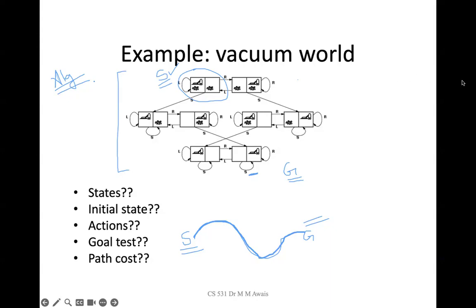Okay, so let me ask you a question. Can you determine, using this state space which is given here, any other path that connects your start state and your goal state? I mean, the sequence of actions that would take you from your start state to your goal state.